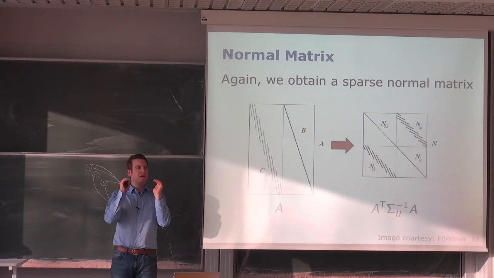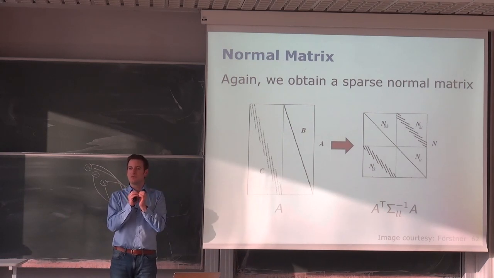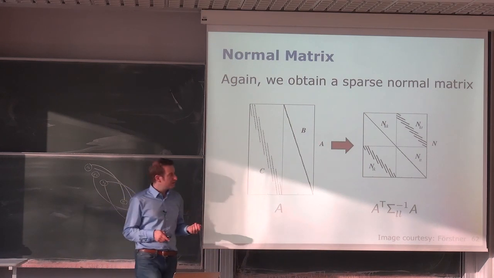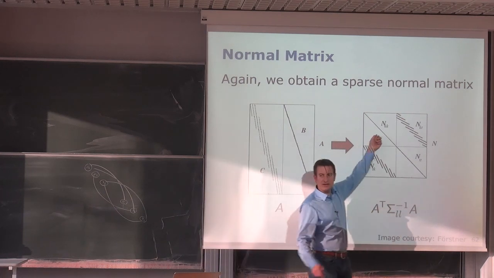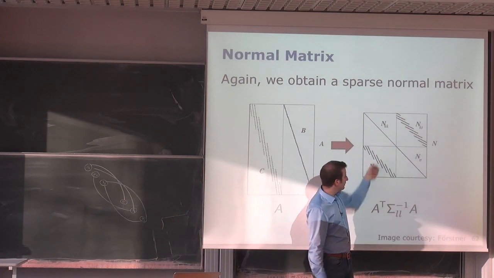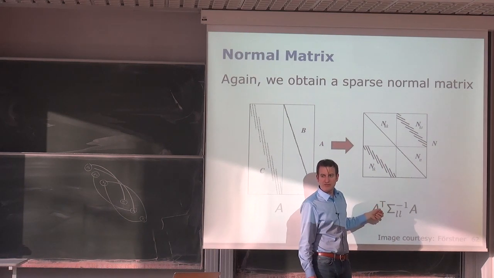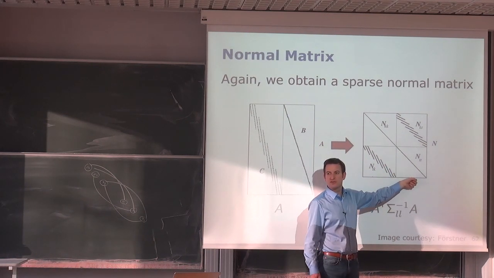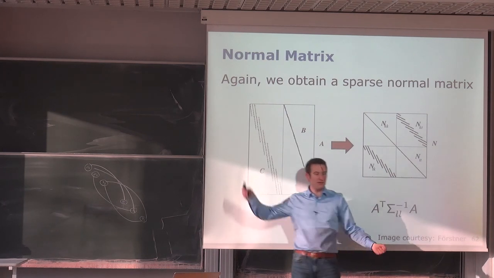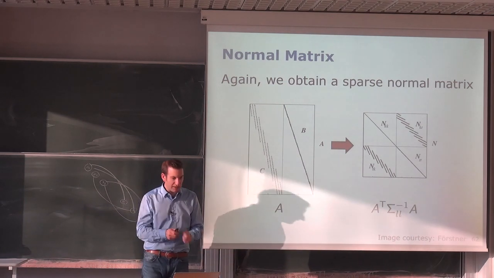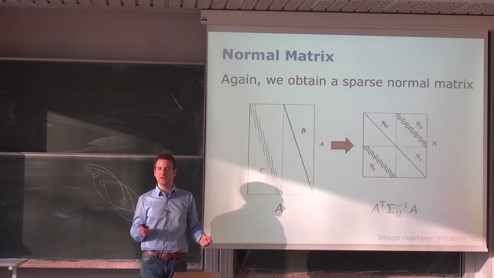Typically I have a constant number of points I observe in every image. So if I add new images, I just add a constant number of points. So the number of non-zero elements grows linearly with the number of elements that I add, but given that the matrix is quadratic, the number of overall elements grows quadratically.